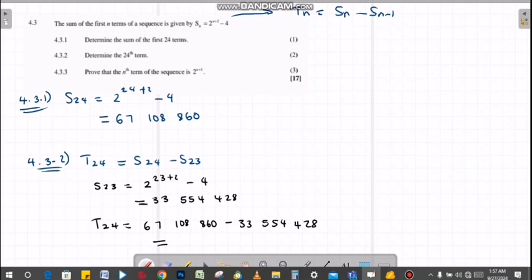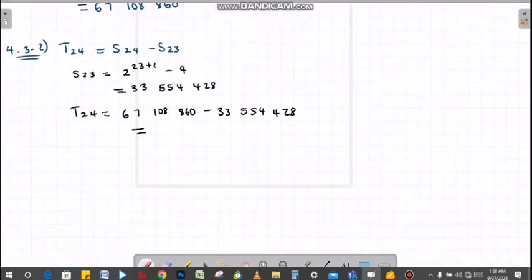And what is the answer? So our answer is 33,554,432.